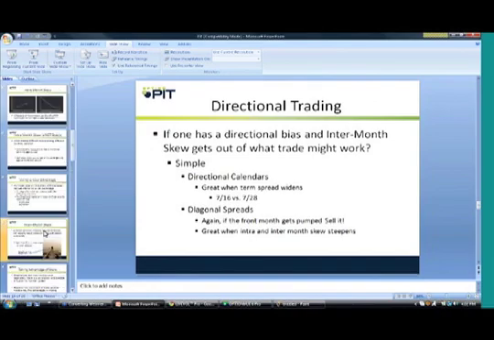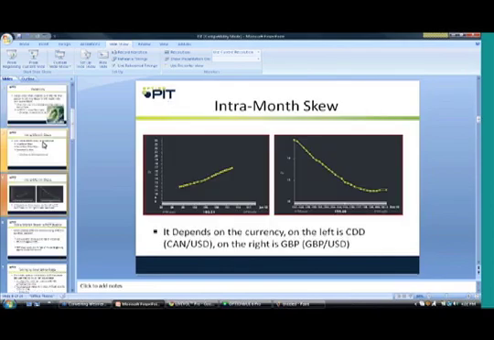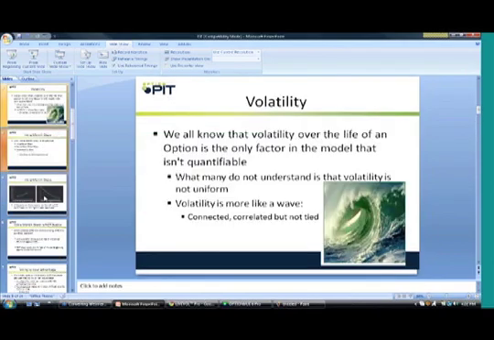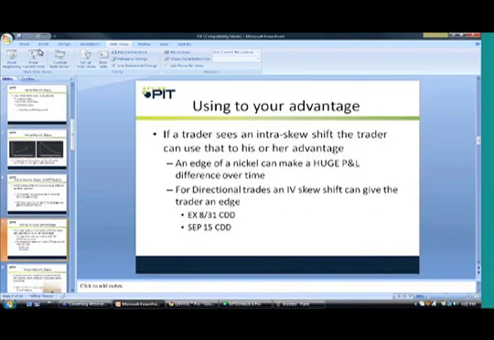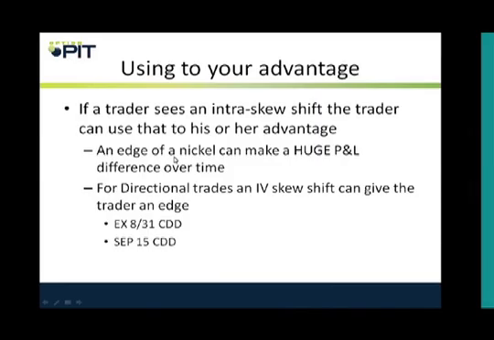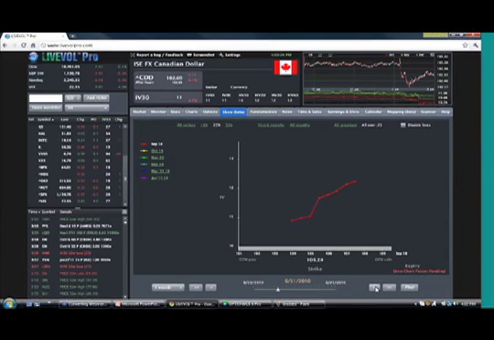Okay, so let's take a look at September 15th in the Canadian dollar and see what was happening then. So we're going to roll up to September 15, and obviously we're going to be using the October contract, and watch how the October contract has moved.